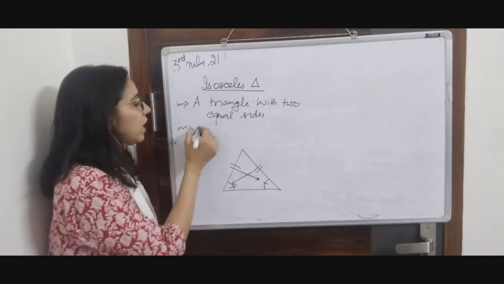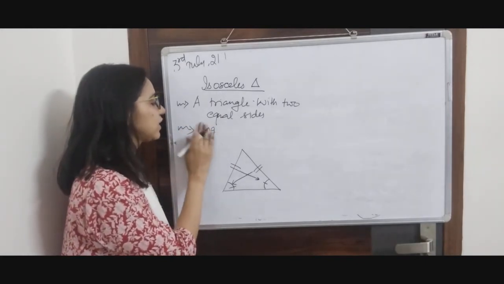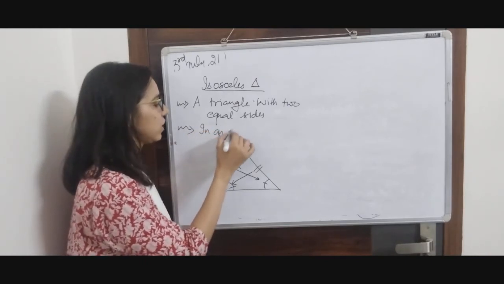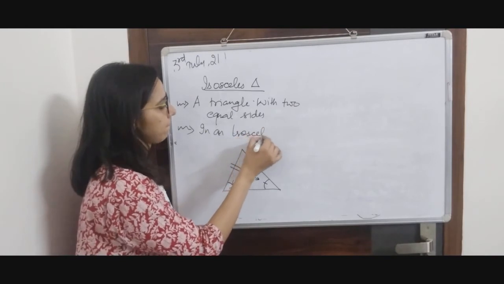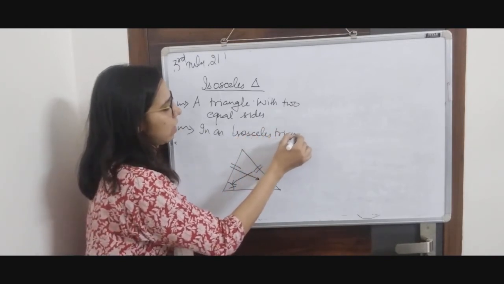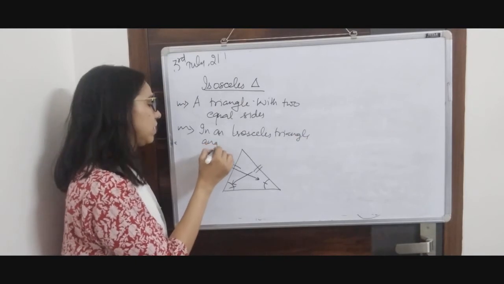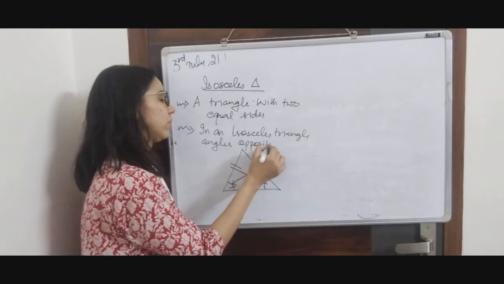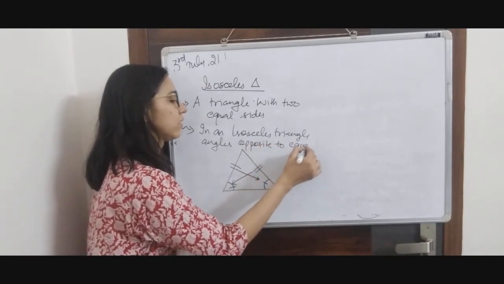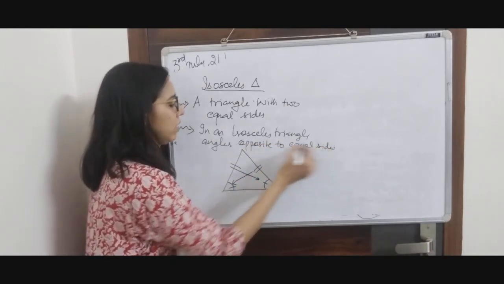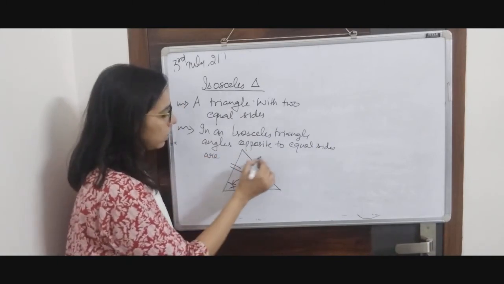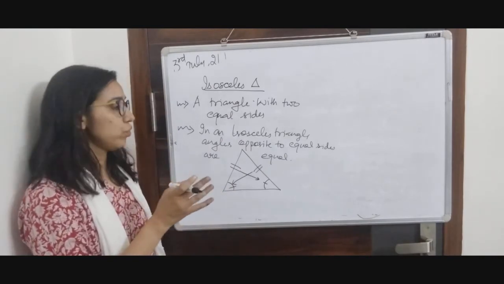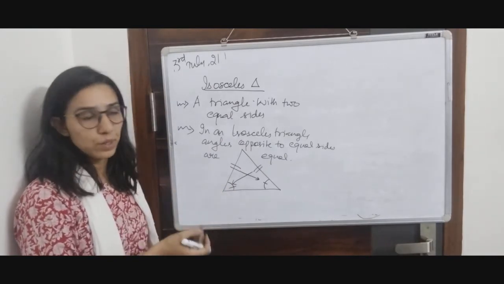In an isosceles triangle, angles opposite to equal sides are equal.